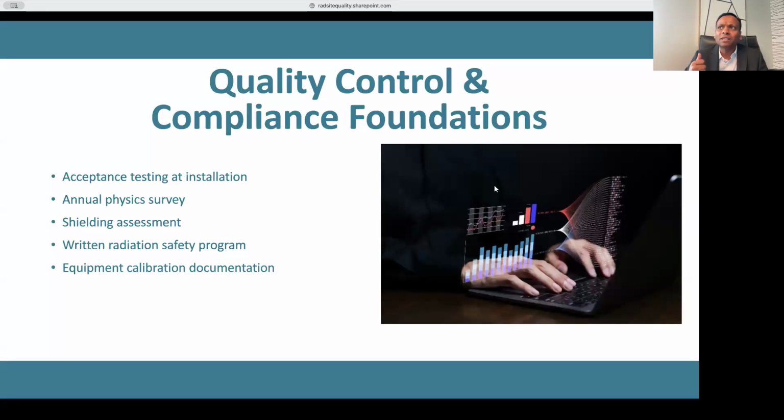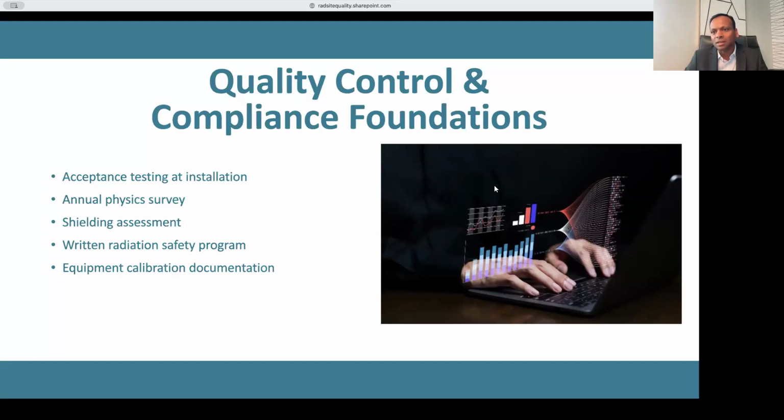And as part of regulatory requirements, most of the accrediting bodies ask for some kind of acceptance testing. Some ask for a third-party neutral acceptance test, whereas some other accrediting bodies accept it if an acceptance test is done by the manufacturer themselves.